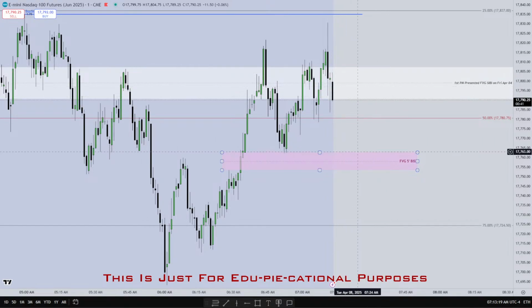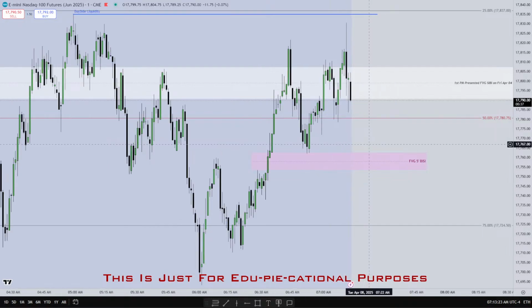As I said, the first scenario for me is going to this buy side liquidity around 720 to 740, which is happening, I guess.